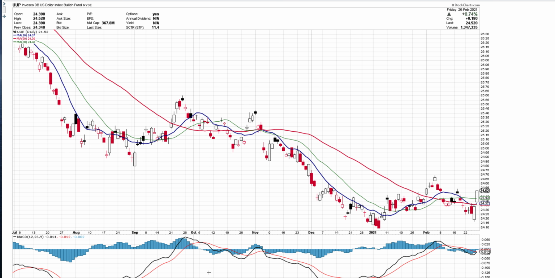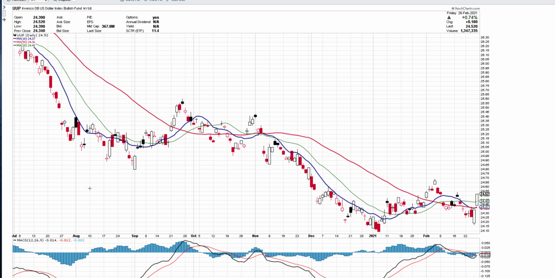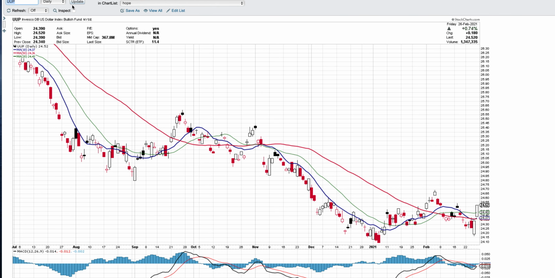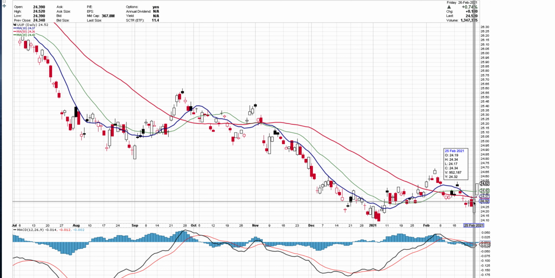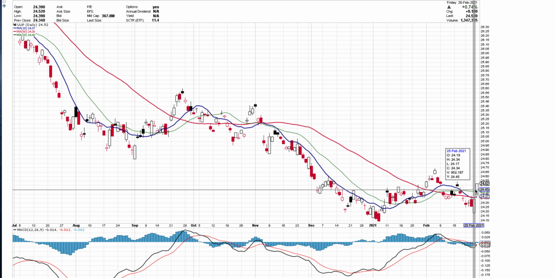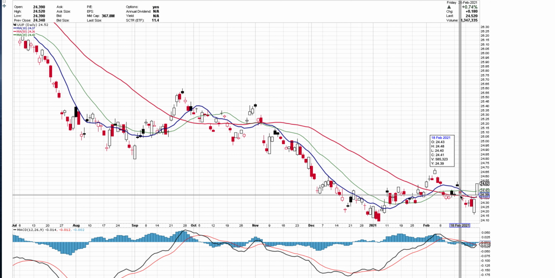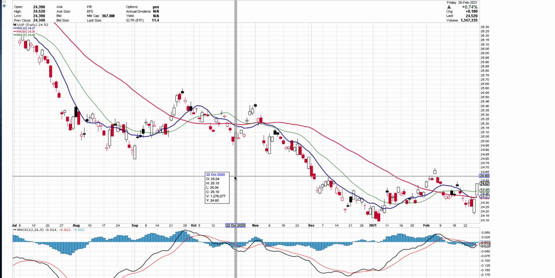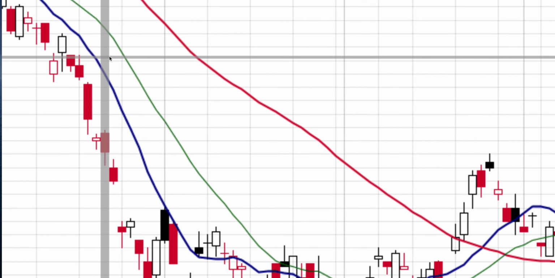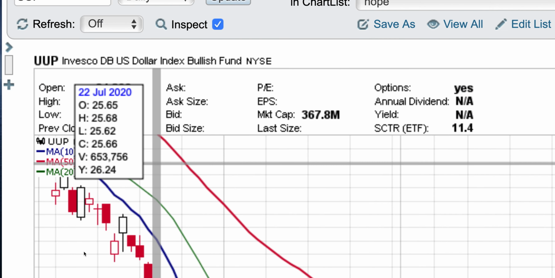Let's look at the dollar. This is UUP, the DXY ETF, and we can see bullishness here all the way. We have a confirmation of a bullish engulfing in the daily time frame right here, and we were able to close above the 10, 20, and 50-day moving averages.